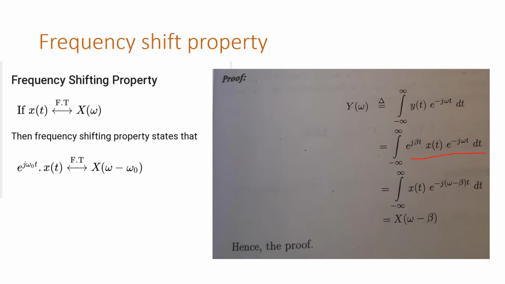By applying the Fourier transform to this signal, I have got the output as x of omega minus beta, where further beta is substituted as omega naught. Moving on to the next slide.